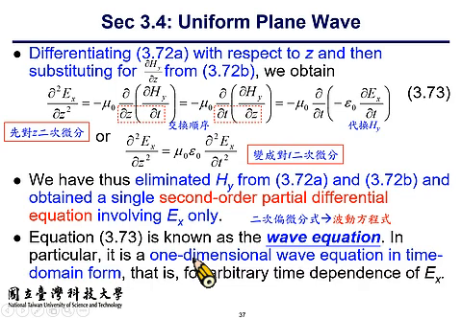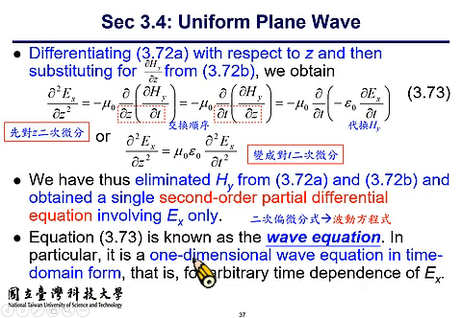So we perform the spatial derivative over the z direction on both sides of equation 1, as you can see here. And the trick is, on the right-hand side of the new equation, the order of a derivative can be interchanged.